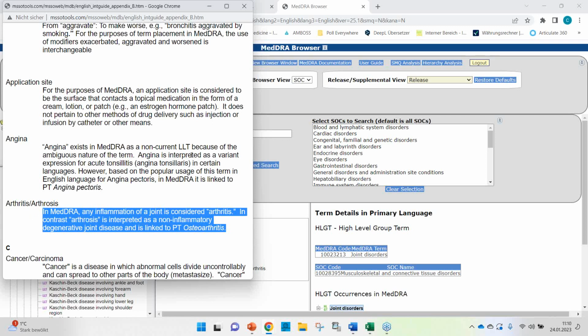So this is what explains why the arthrosis is classified as we just saw. And it's based on the fact that this is really the most frequent interpretation of this term when looking into all MedRA languages.